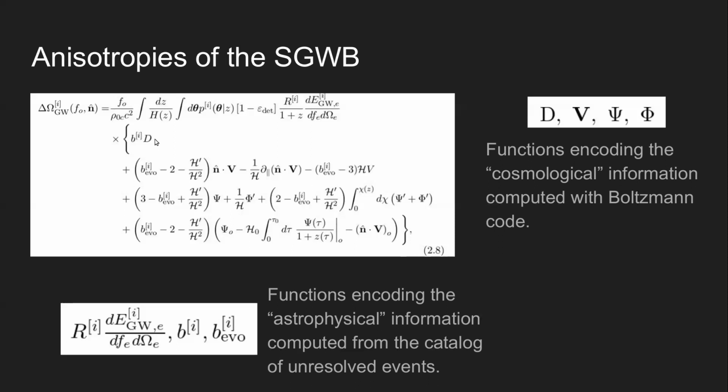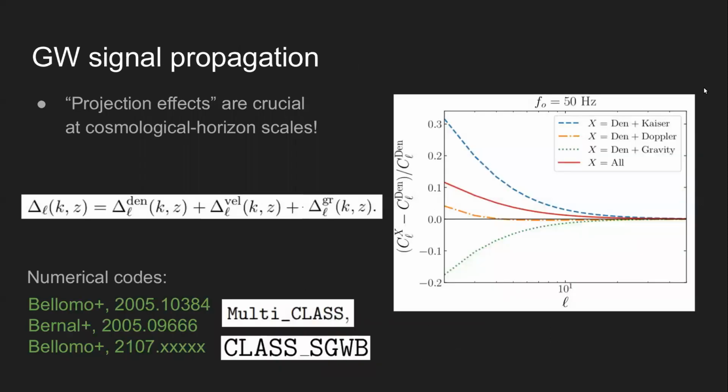And yes, the first term is what we already showed before. It is this bias contribution, whereas the second, third, and fourth lines are what I called before projection effects, and these are effects that encode the fact that your host is moving with some peculiar velocities and that your signal propagates across a perturbed background. And these are very relevant, especially for the scales that we are interested in.